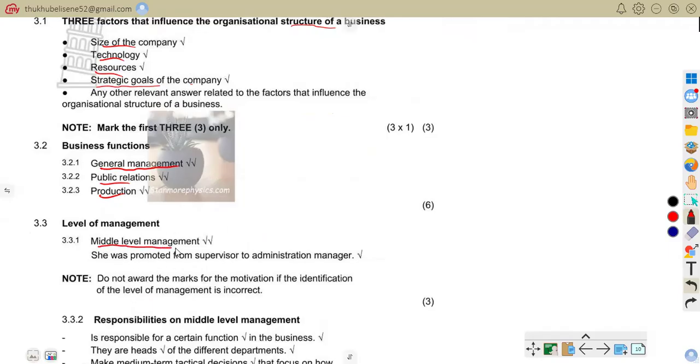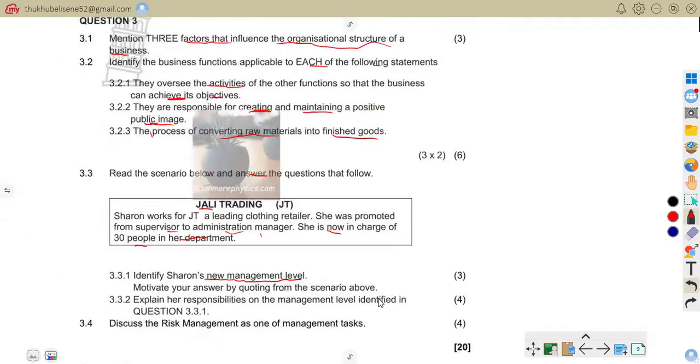The level is middle management. We know that middle management is responsible for specific departments and implementing strategic plans, because she was promoted from supervisor to administration manager. So that is that. Now let us come to 3.3.2.